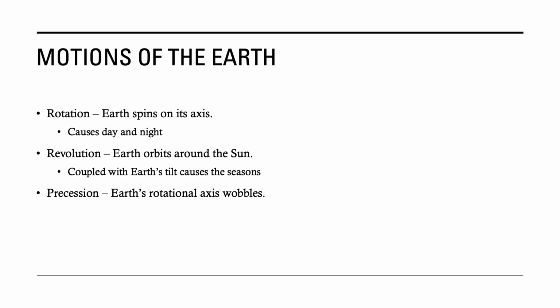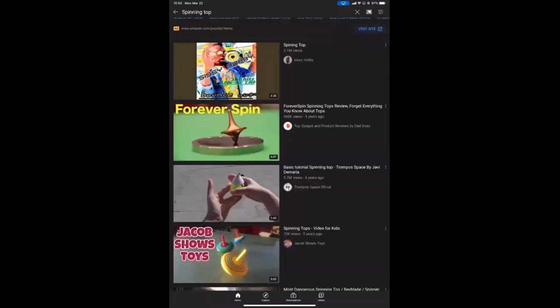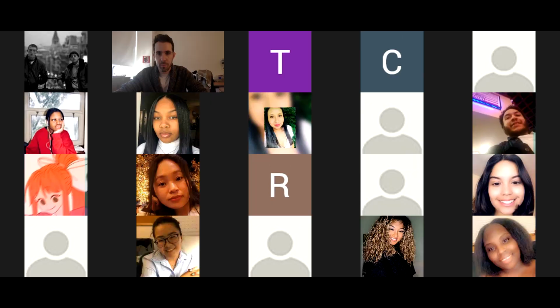Okay, here we go. Can everybody see my screen? It's saying content not supported? Okay, let's try this again. Maybe it's just because it's the app.